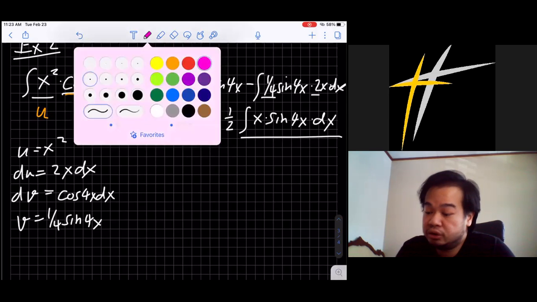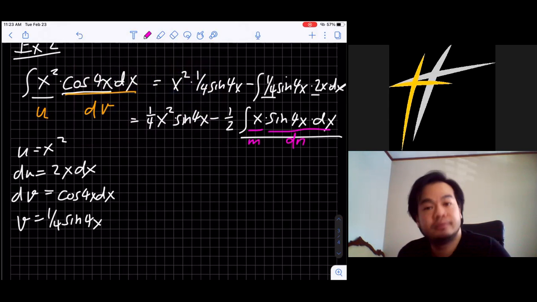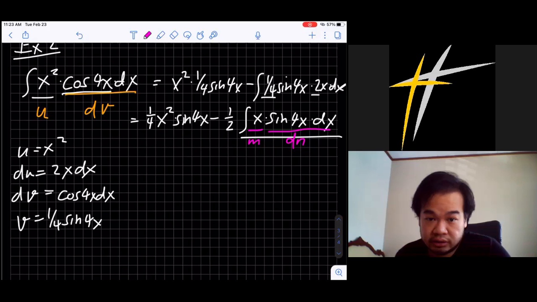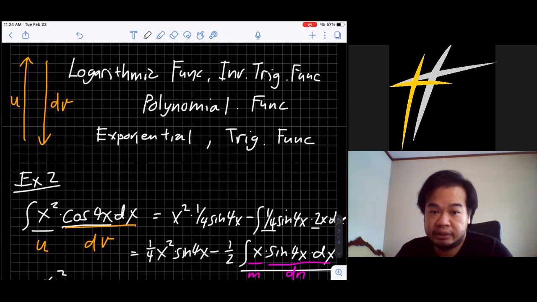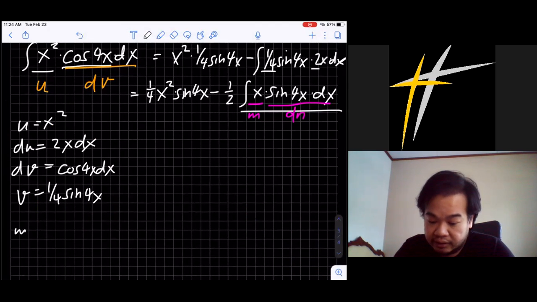So I usually use different letters, but it's actually up to you if you want to use u and v also. Let's use m and dn. Okay. And of course, the way I determine which one is m and which one is dn is following the table. So then I will have another assumption here, m equals x, so dm equals dx.